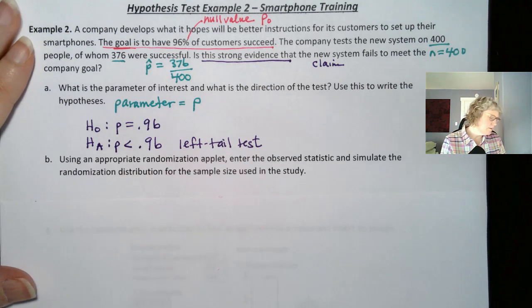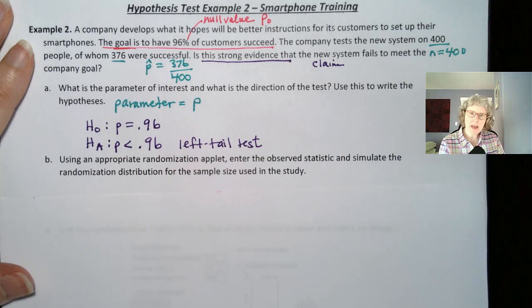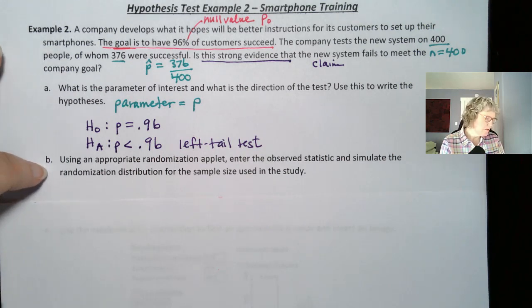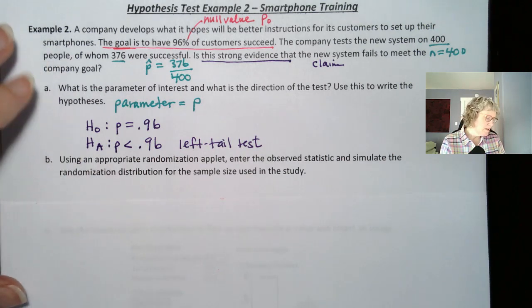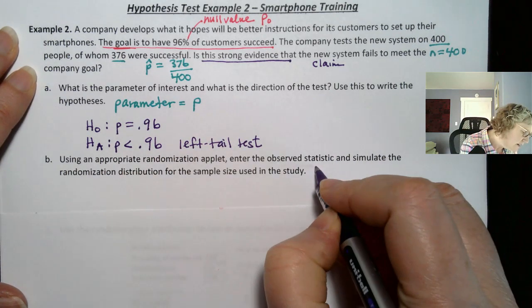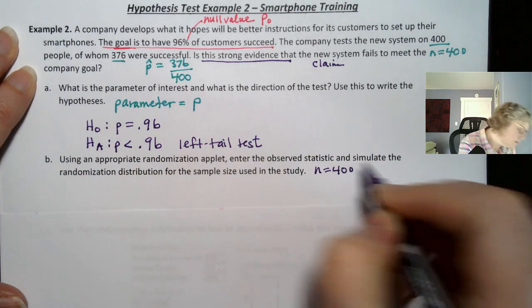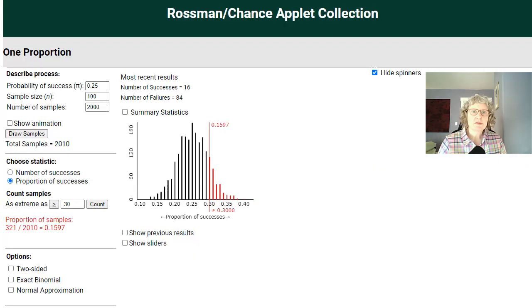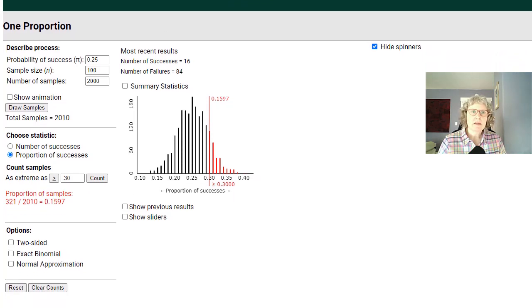Let's look at our next step. Using an appropriate randomization applet, so we've got to use one for proportions, enter the observed statistic, and simulate the randomization distribution for the sample size used in the study. Our sample size is n equals 400. Do you have a preference between Rossman Chance and StatKey?